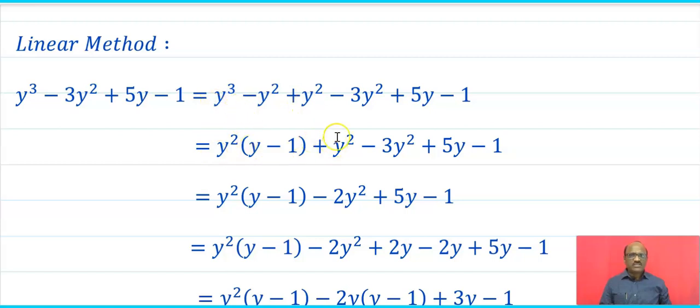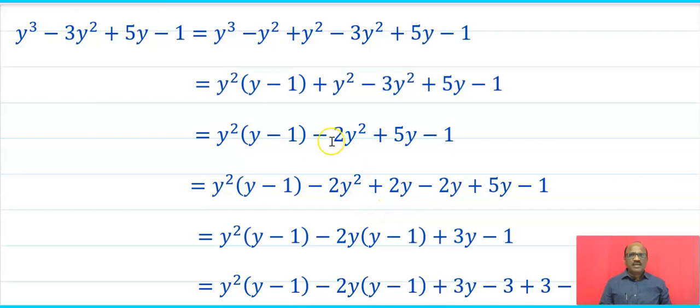Y square minus 3y square plus 5y minus 1. Now from this is a plus y square minus 3y square. Then you will get minus 2y square plus 5y minus 1. Now what should I take common from this minus 2y square so that inside the bracket I get y minus 1? That is a minus 2y square plus 2y and minus 2y.